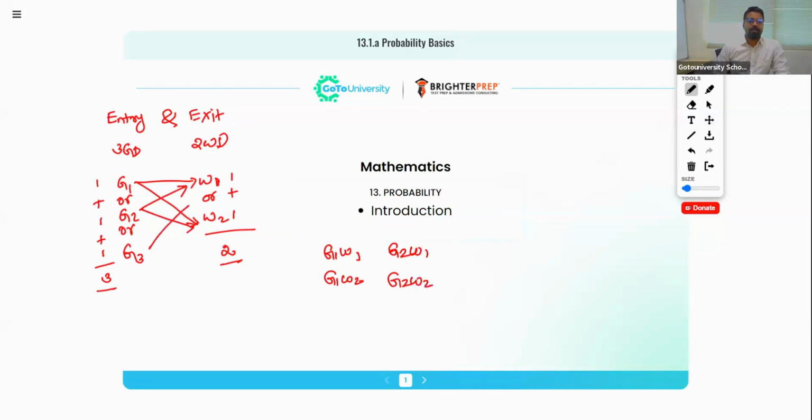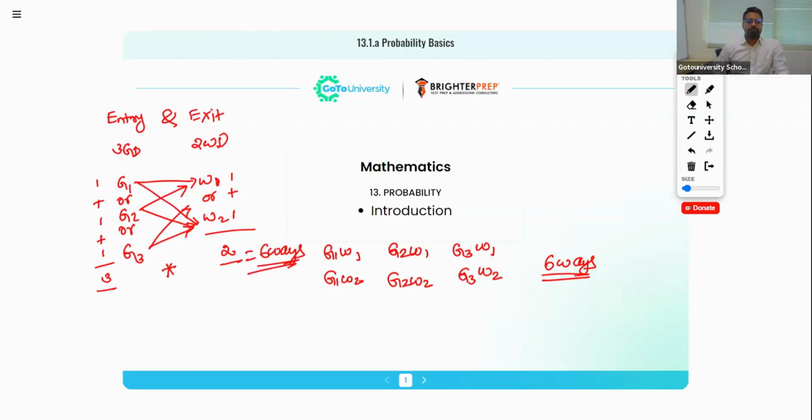And the third, again, he can enter through the third door and exit in 2 different ways, G3, W1, G3, W2. So totally, if I add all of them, how many ways do I have? 6 ways. Right? Instead of adding like this, I can simply multiply these two and say 6 ways.